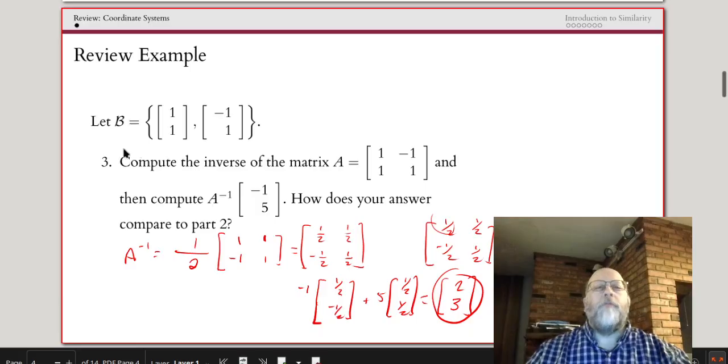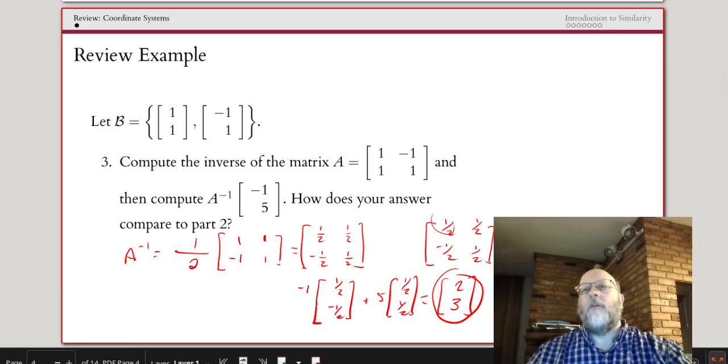So the process of converting back from standard to alternate can be done in two ways.